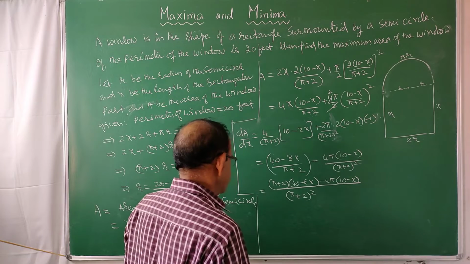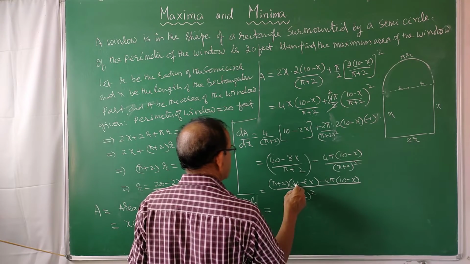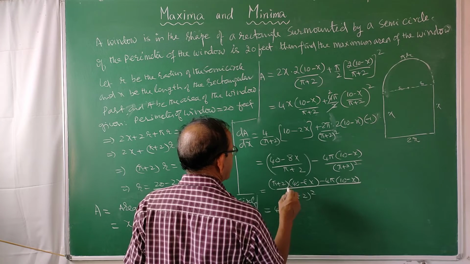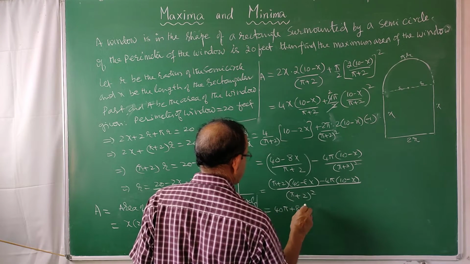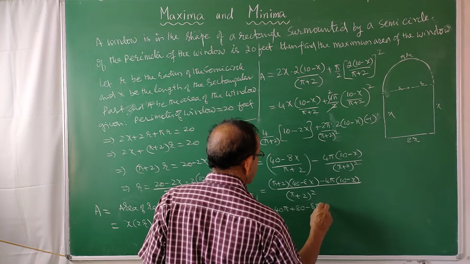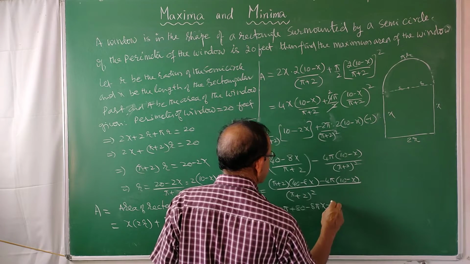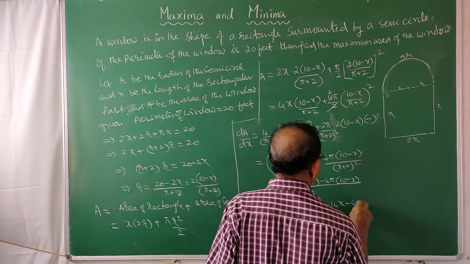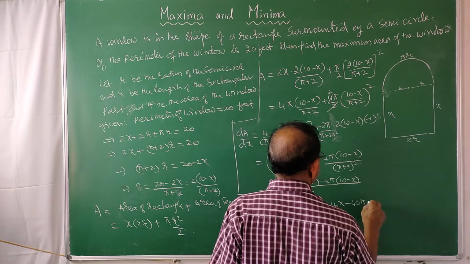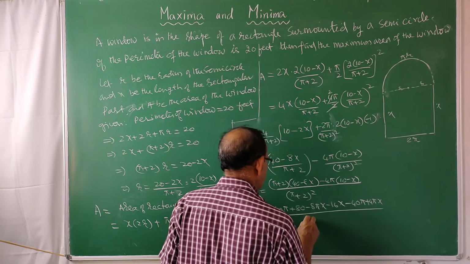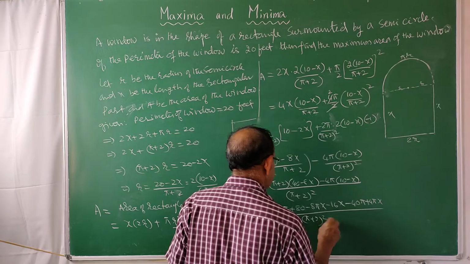Now what is the numerator? 40 pi plus 80 minus 8 pi x minus 16x minus 40 pi plus 4 pi x, by (pi plus 2) whole square.